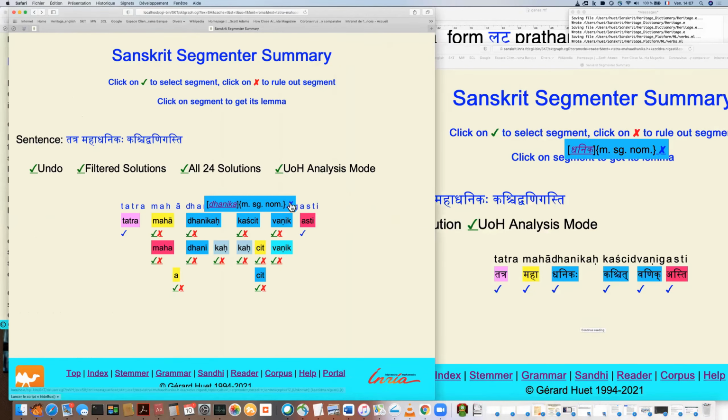So this is pratama. So pratama means this rich person, yes, is the agent, is the one who is. And Mahadanika is very rich, very rich.